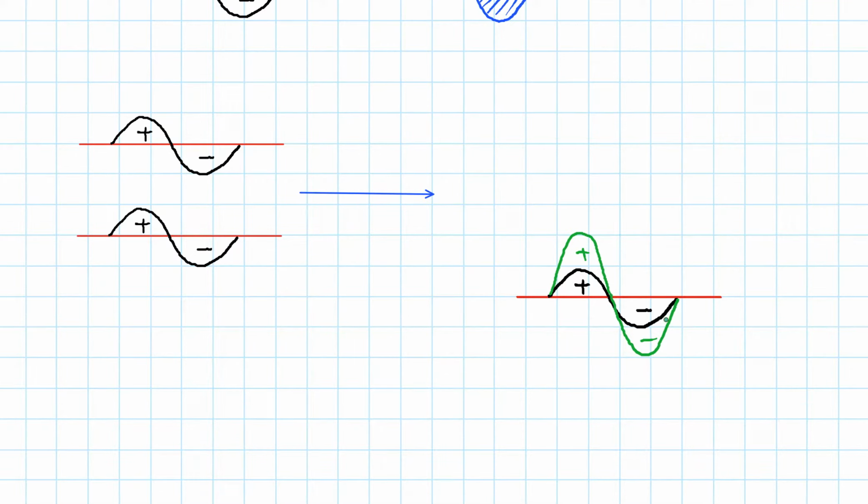This is called the constructive combination of the waves. And when atomic waves combine together, it is this constructive combination that results in bond formation.